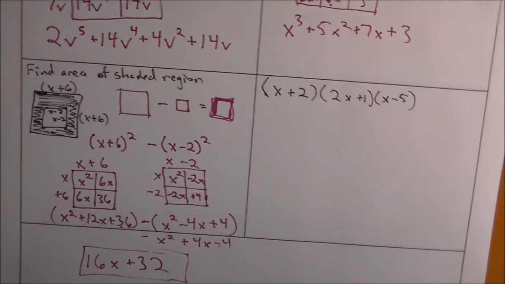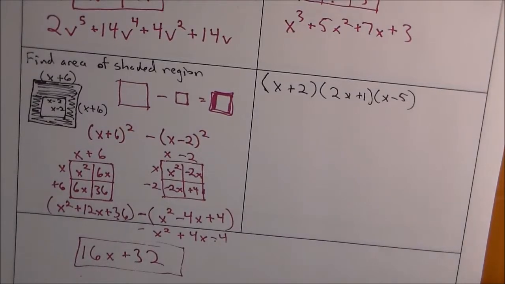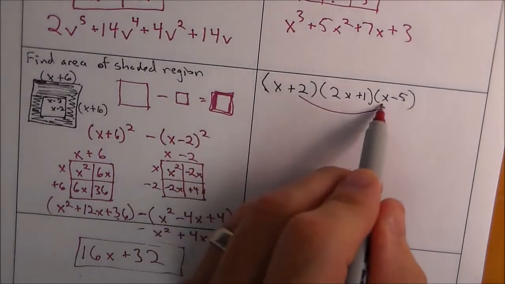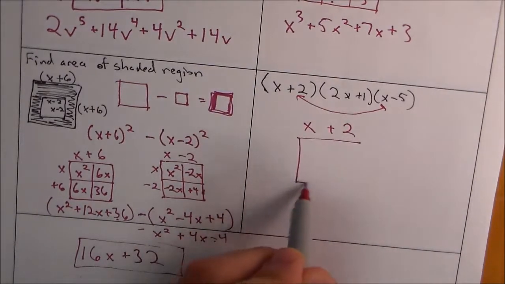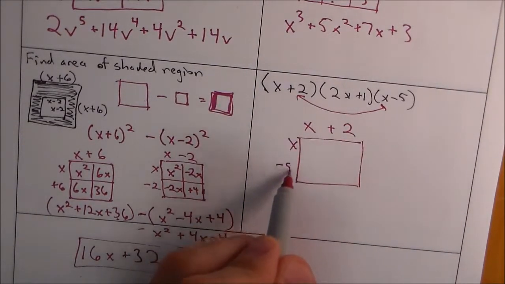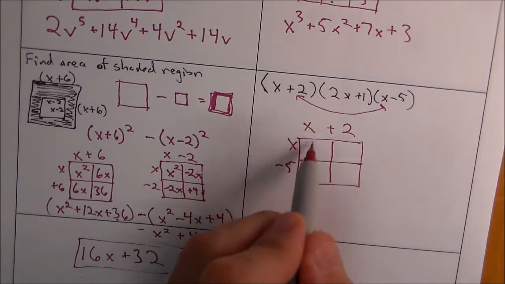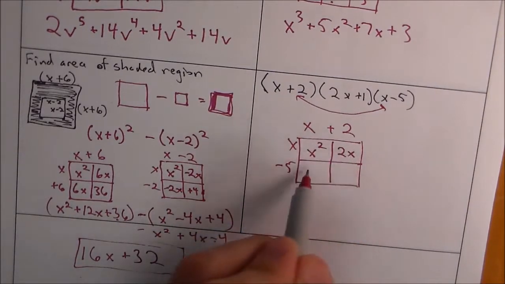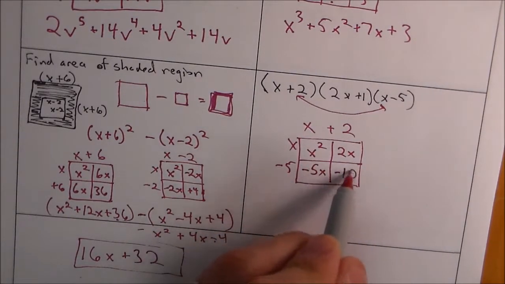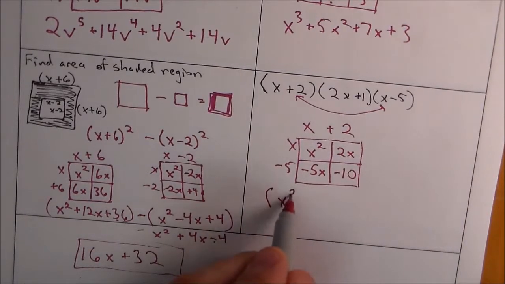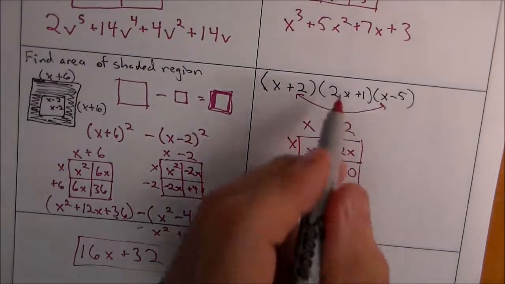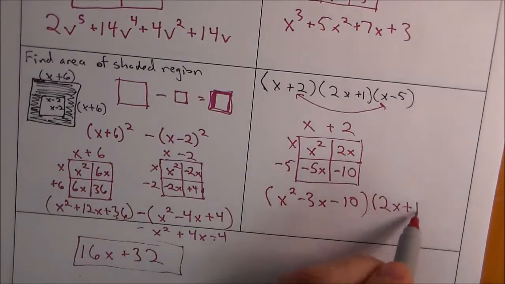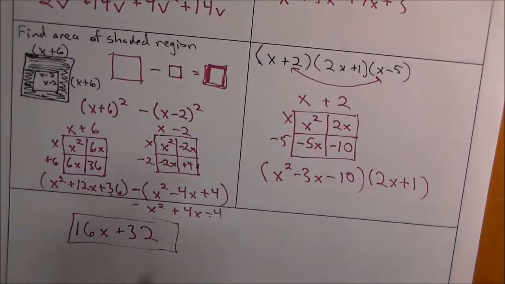The last one we have is we have 3 binomials. Now I'm going to pick these two to start with. I'm going to do x plus 2 and x minus 5, just because they look kind of like the easier ones. So I have x squared, 2x, negative 5x, and negative 10. So when I bring that down, that is my trinomial. Bring down 2x plus 1, so I'm going to multiply that to then finish the problem.